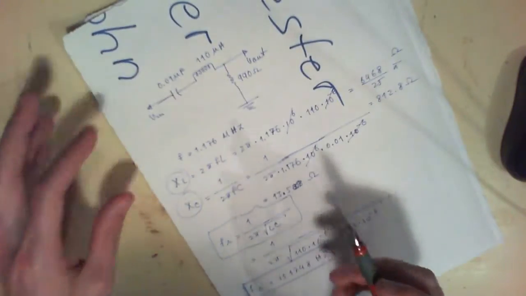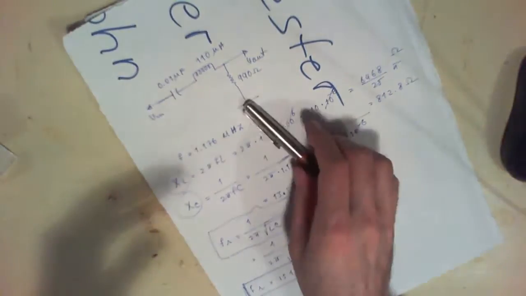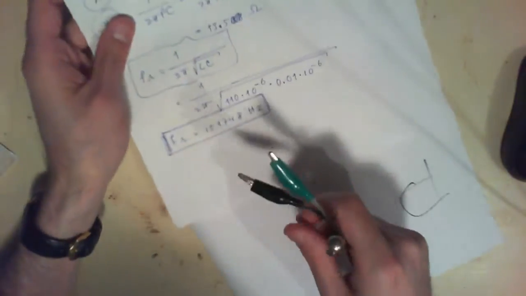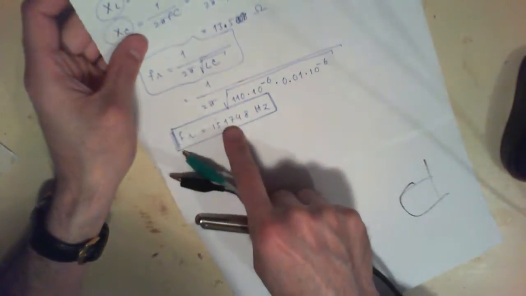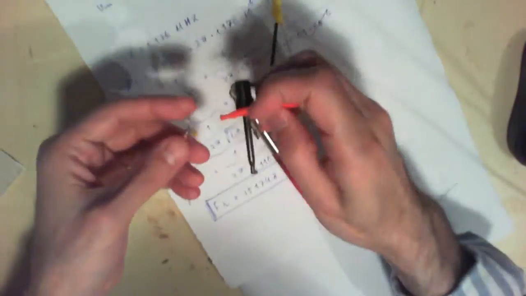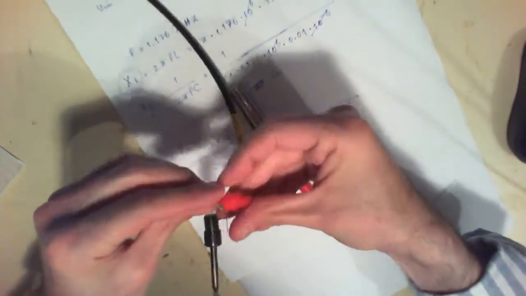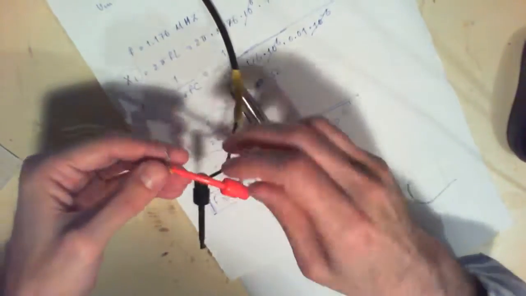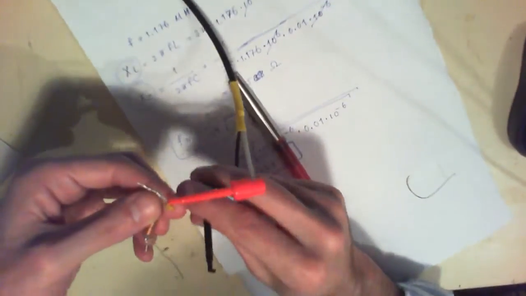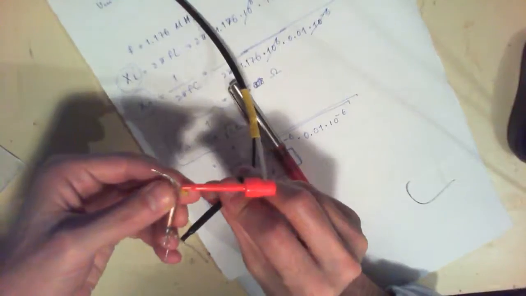Now let me connect this circuit one more time to the signal generator and see what we see, and I will drive the signal generator to this frequency. So this is the circuit. It's not that hard to connect it again. This is my input, and this is the output.